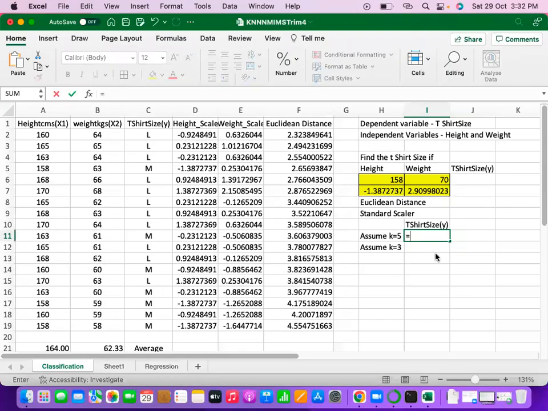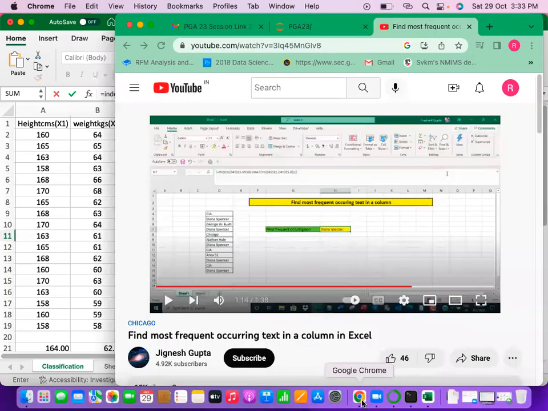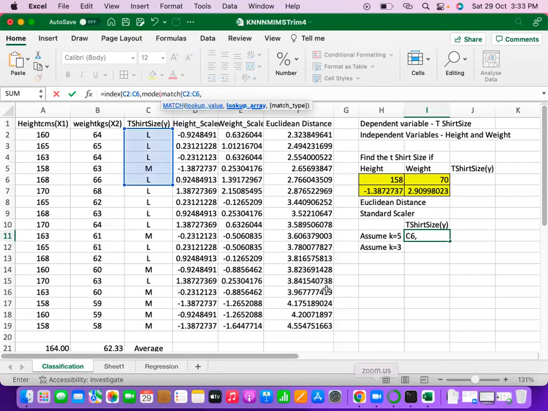Is equal to index, correct? Open bracket, index of 1, 2, 3, 4, 5, comma, mode of match of this, comma, again, comma, 0.